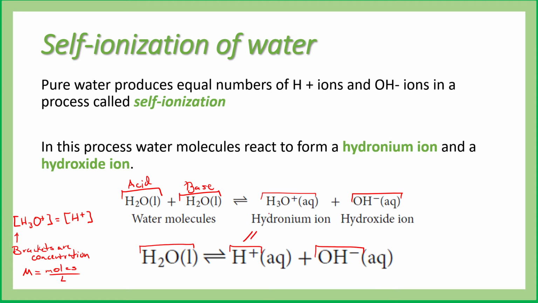These two will be considered as equal. Why? Because this is water, H2O, and another hydrogen together. That's why we have H3O plus. So for pH again, we will consider hydronium ion and hydrogen ion concentration as equal.